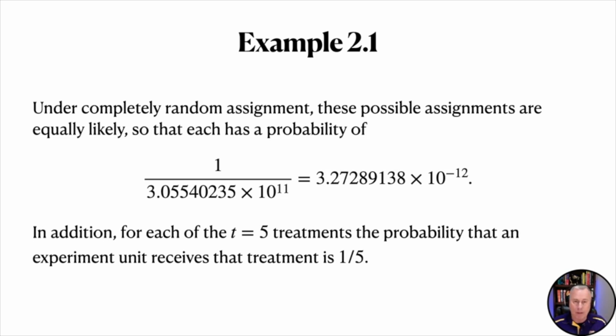The probability that experimental unit 1 would receive treatment 2 is again 1/5, and so on for each of the 5 treatments. And the same kind of statement would be true for each of the other experimental units in the experiment. Okay, so that's an example of what we've been talking about.